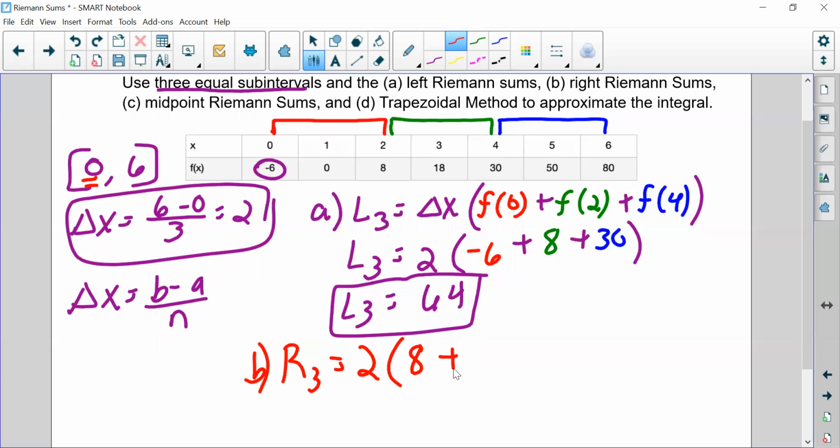Now I want the right, so look at this red rectangle and find the right endpoint. Well, that points to 8. Plus what's the right endpoint for the green rectangle? It'll be 30, plus 80. Equals, and then you go straight to your answer.